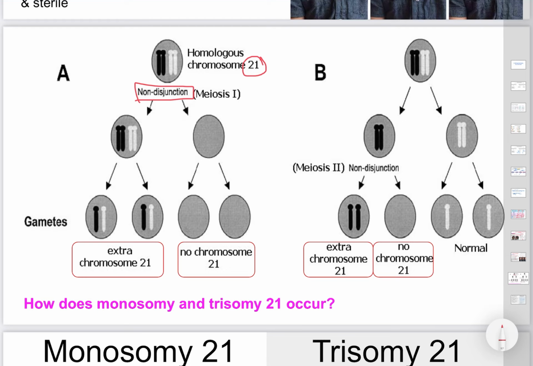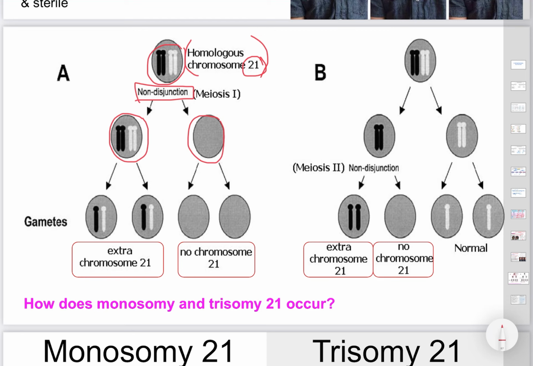So kalau meiosis 1 berlaku non-disjunction, it means that our homologous chromosome failed to separate to opposite poles during anaphase 1. Okay, so inilah bila dia fail to separate, maka hanya dalam satu daughter cell saja ada homologous chromosome, satu lagi kosong.